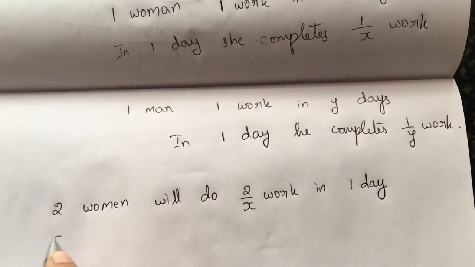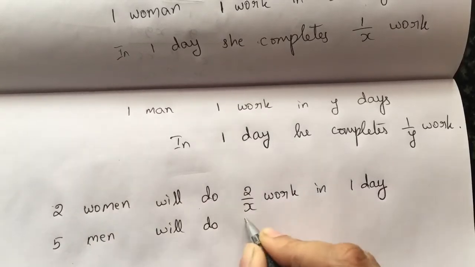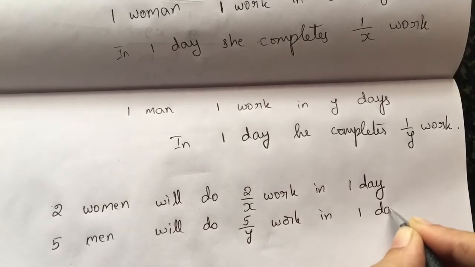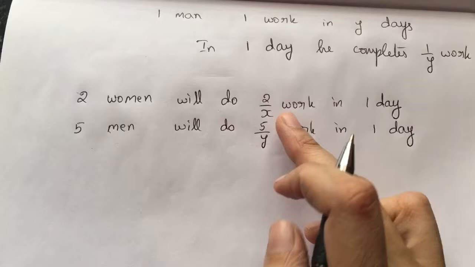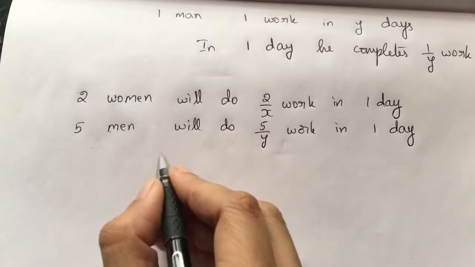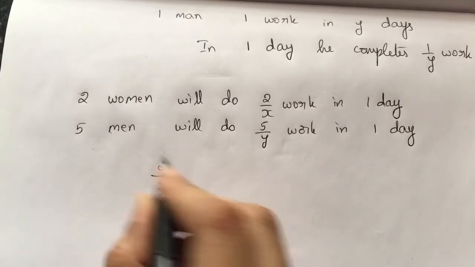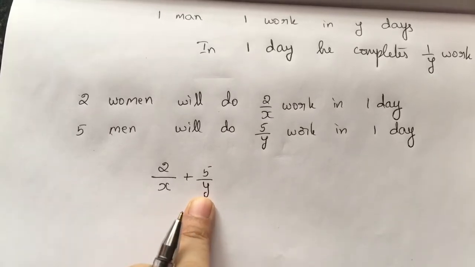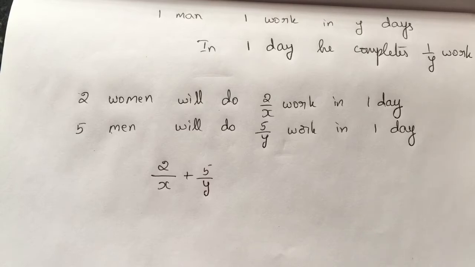Now similarly 5 men, right? They'll do 5 by Y work in one day, right? Now it is mentioned together they can finish in 4 days. So I need to add up the works together since both are working, both women and men. So 2 by X work is done by women and 5 by Y work is done by men. So this is they are taking for a single day, right?